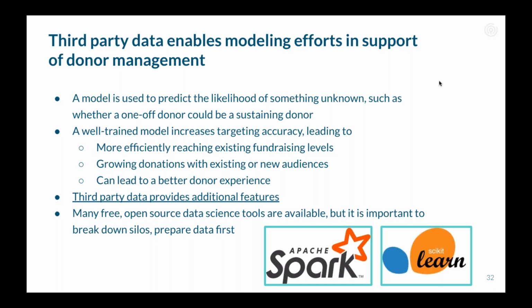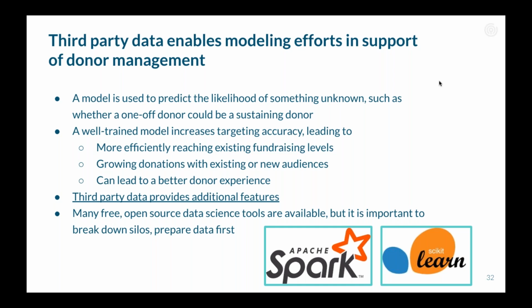Now, where does third-party data come into play here? Third-party data often provides additional features that you can use in modeling. So while your first-party data may include things like transactions, donations, actions, sometimes it's helpful to have additional information about who your donors are in order to build high-fidelity models. But that's not always the case. Sometimes you will also want to use only first-party data for your modeling.